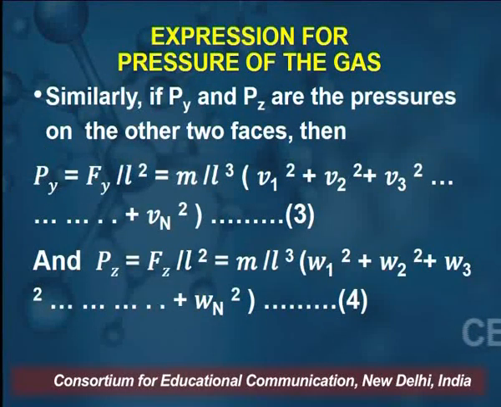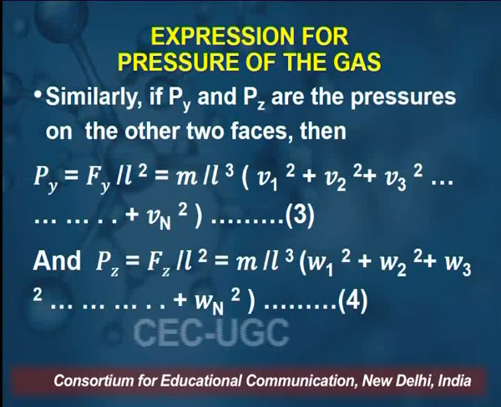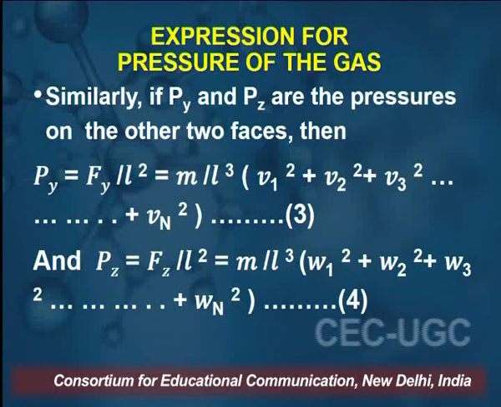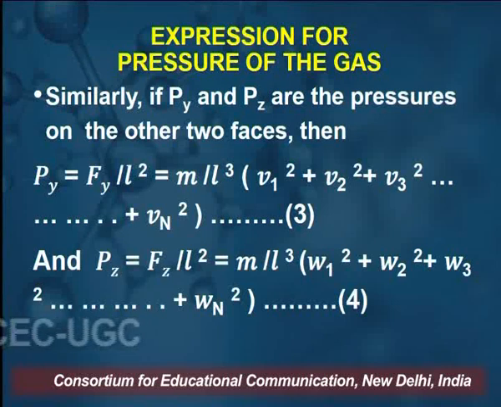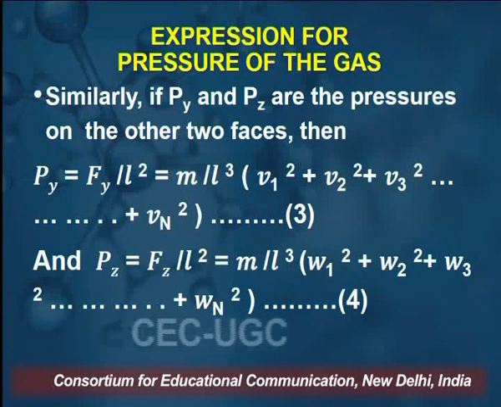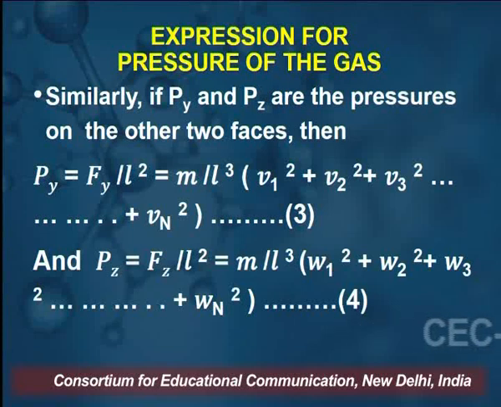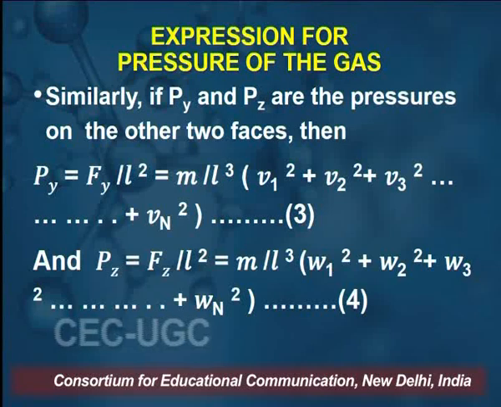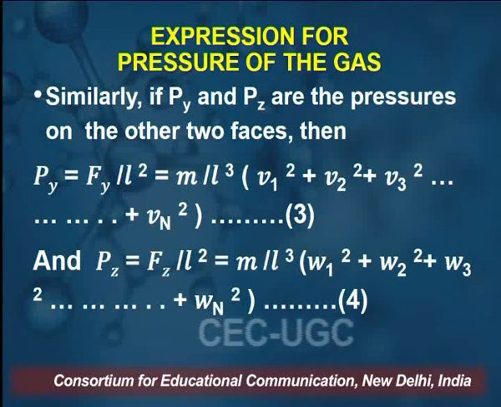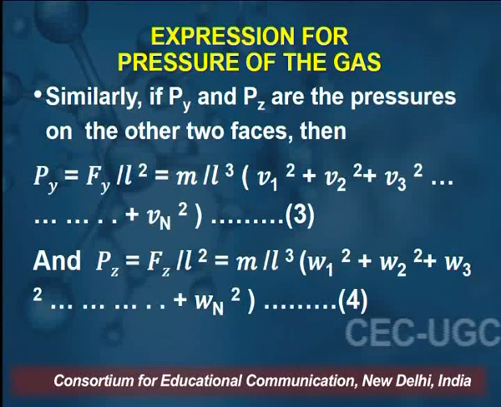similarly, if Py and Pz are the pressures on the other two faces of the cubical enclosure, we get Py is equal to Fy by L square, equal to m by L cube into brackets v1 square plus v2 square plus v3 square plus so on so forth vn square.